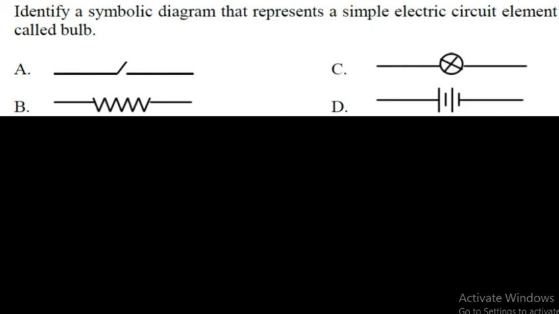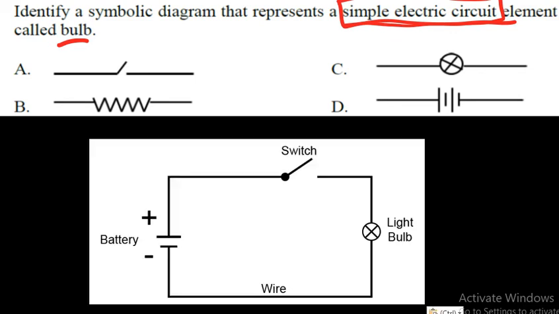So first of all, what is a simple electric circuit, and what are the other elements there? This is what a simple electric circuit looks like. As you see here, a switch is there.